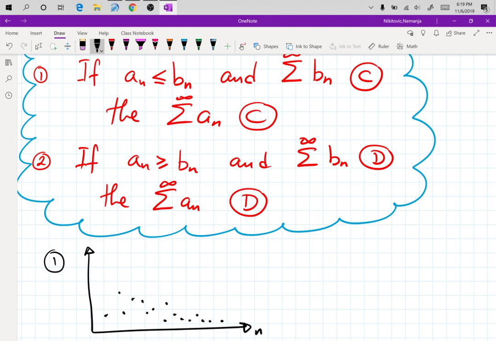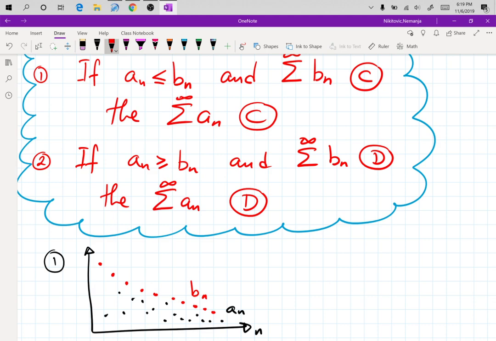So the black ones over here are an. My job is to find the bigger converging bn, and you can see that the black sequence, whose series we don't know what's happening, is getting squeezed in between the convergent sum of bn and 0. So it has to converge because it's getting squeezed into it, right?